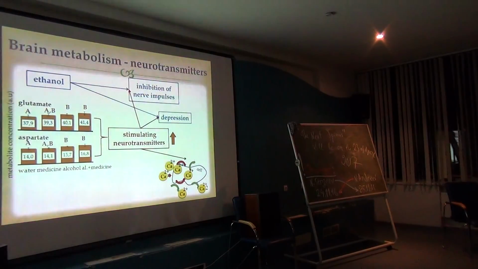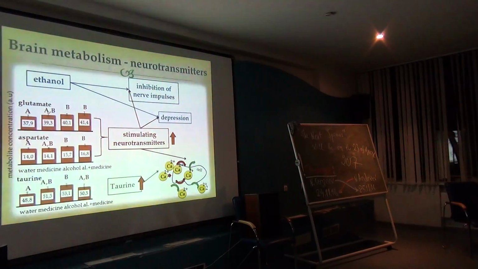The minus of this is that the stimulating neurotransmitter promotes the penetration of calcium 2+ inside the cell. And we found that taurine, another neurotransmitter, increased in the ethanol group.